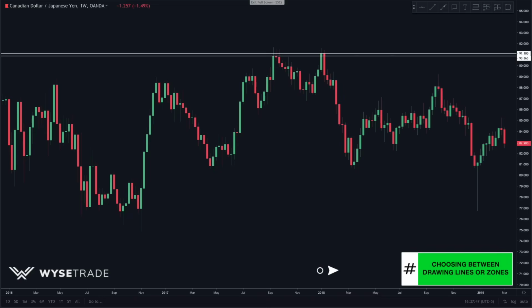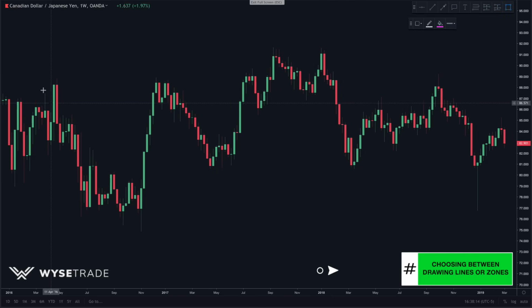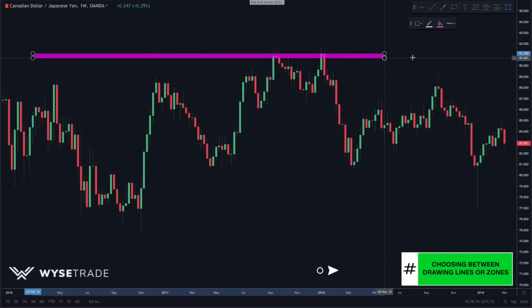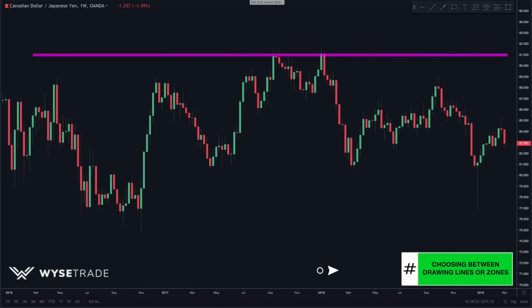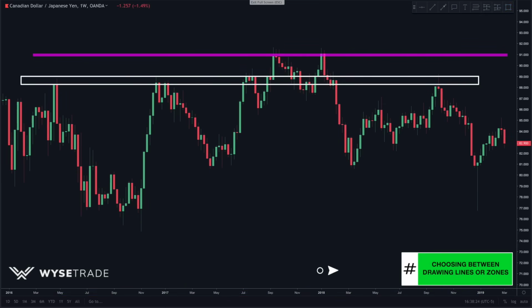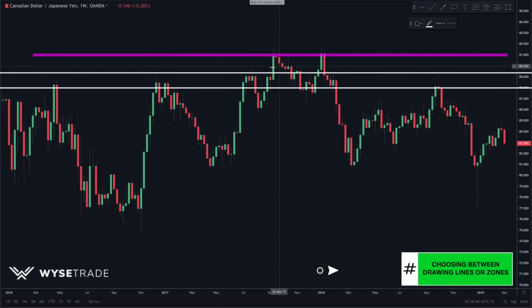Again, we prefer drawing zones, so we would do it like this. Moving on down, you have this next level here, and again, you draw in lines like this.